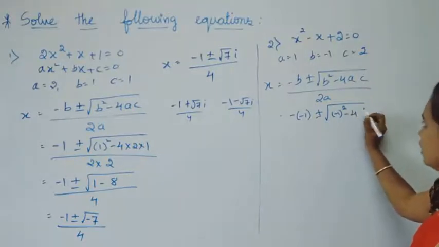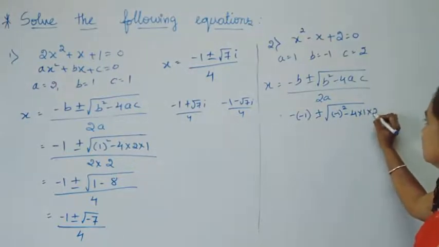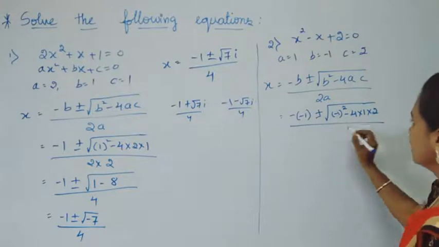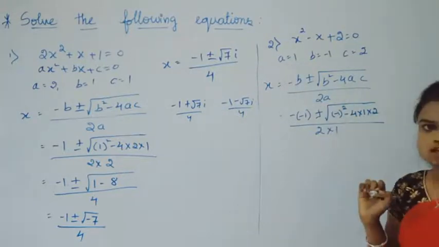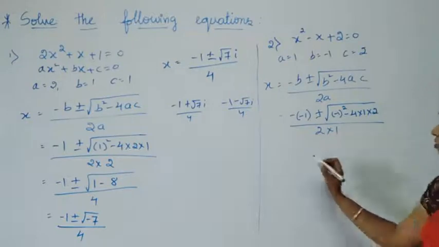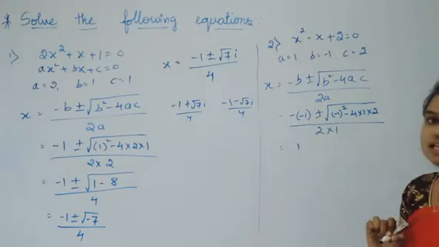Minus 4 into a into c. So 4 into what is a? 1 into c. What is c? 2. Divided by 2 into a. What is the value of a? 1. Understand? Now simplify this one. So minus into minus becomes plus. So it will be 1.